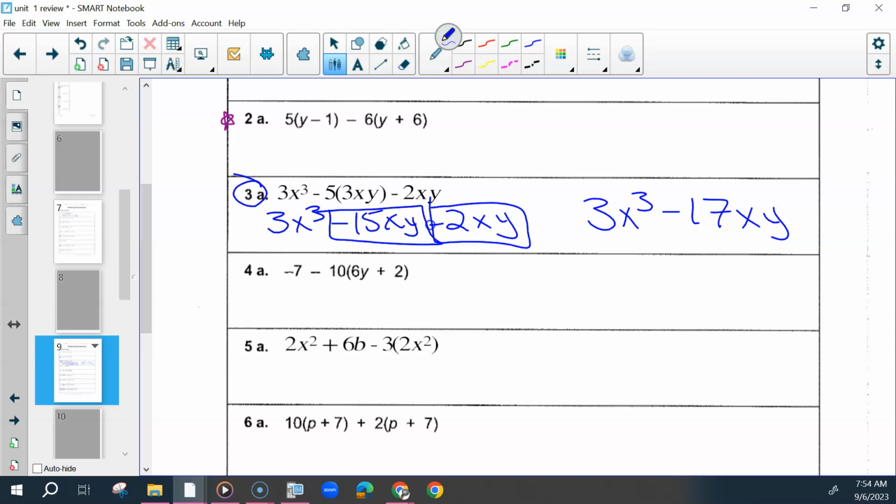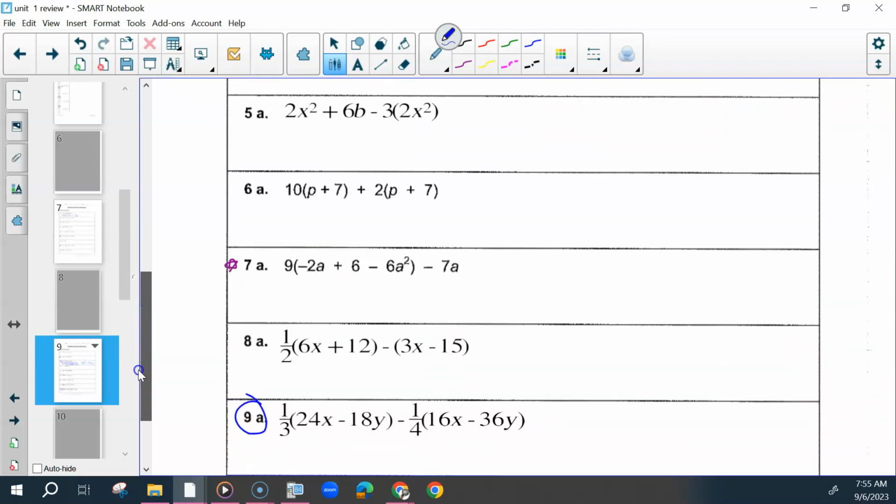It would be positive 13 if the 2 was first. Say that one more time. It would be positive 13 if the 2 was first. Right, but we're not multiplying. So we're subtracting. So we're starting at negative 15. Think about this number line up here. We're starting at negative 15 and we're going back.